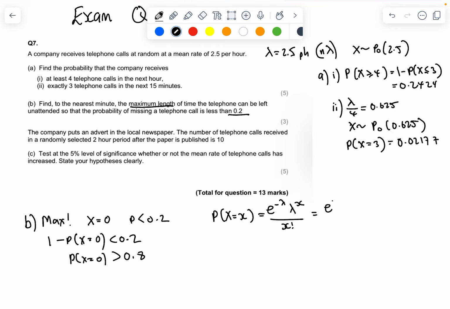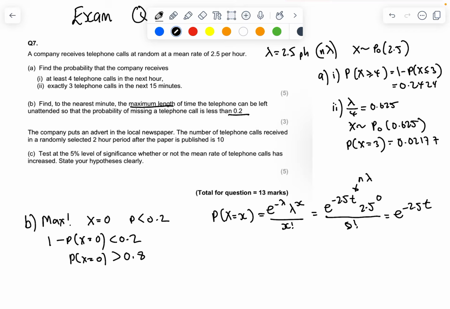So e to the minus 2.5 times whatever the time period is. And then we're going to multiply it by 2.5 to the x, which is 0, over 0 factorial, which is just e to the minus 2.5 t.